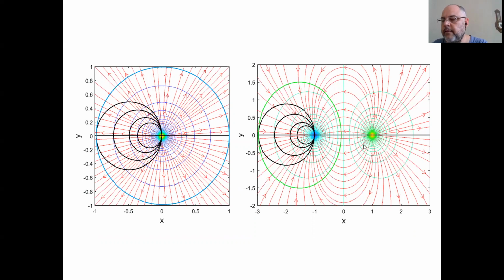For the case of a dipole, we have the magnetic field lines here. These green lines represent the isopotentials, and the black circles here represent the light patterns.